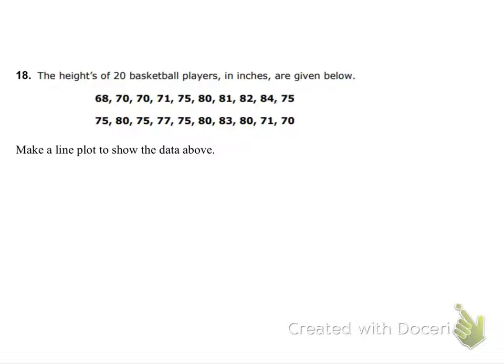All right, 18. The heights of 20 basketball players in inches are given below. We're going to make a line plot, so that's different. I have all these numbers here. The first thing I want to do is make a line.